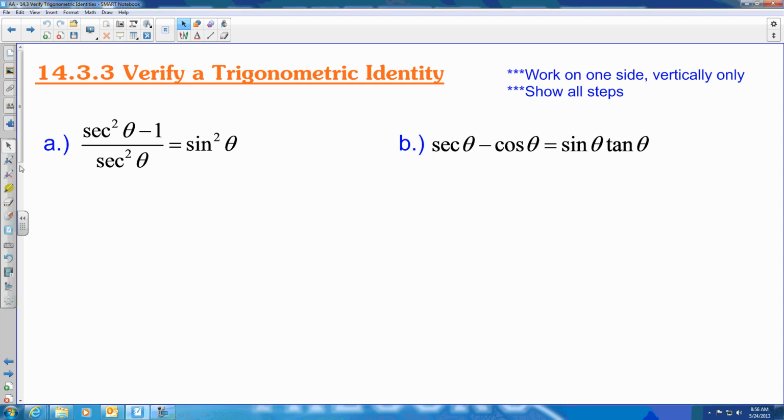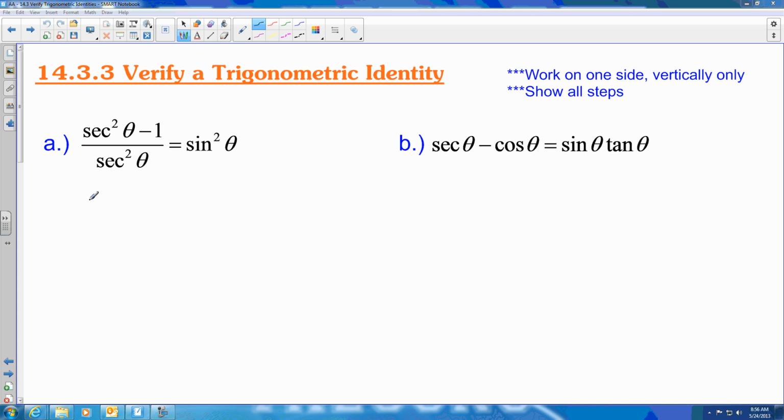Okay, we are continuing in section 14.3, and the second half of the lecture deals with being able to verify trig identities.